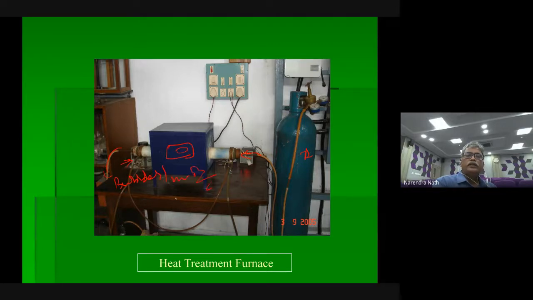Suppose we set 80 bubbles per minute, the flow rate is constant. If later after 1 hour the bubble rate comes down, there may be leakage here and there. Then we increase the flow rate to maintain the bubbles. This is the furnace we used for all high temperature and low temperature treatments.